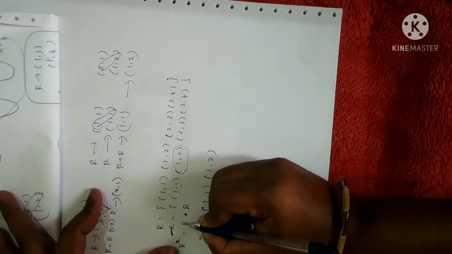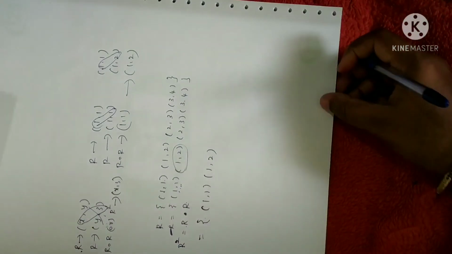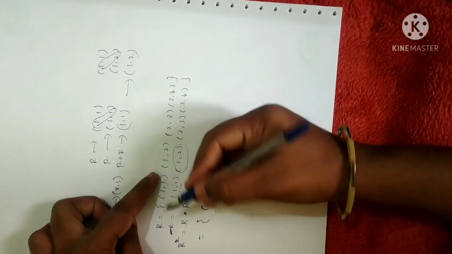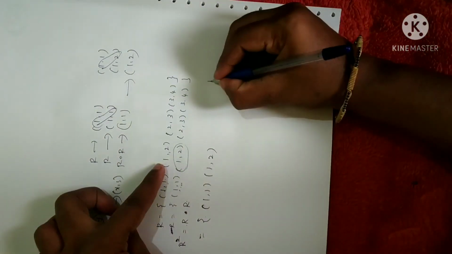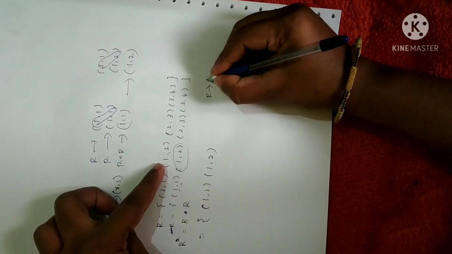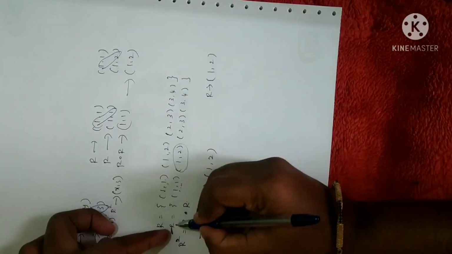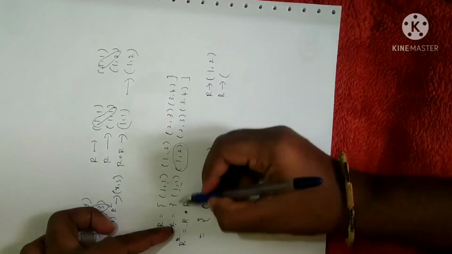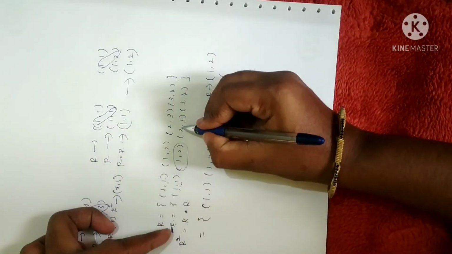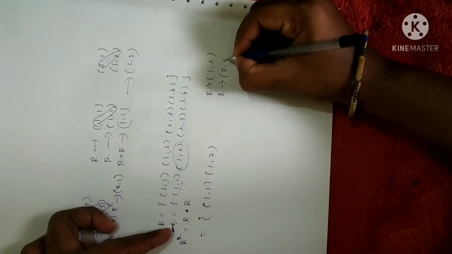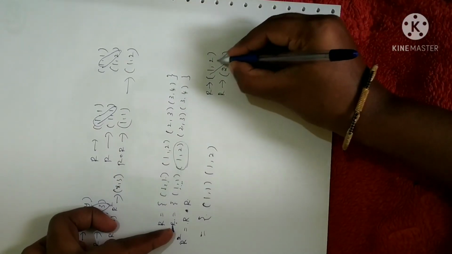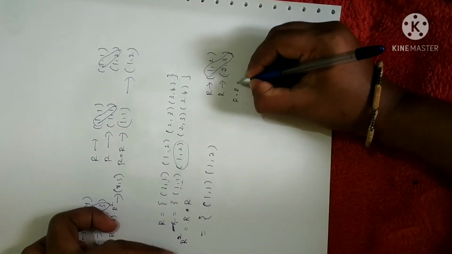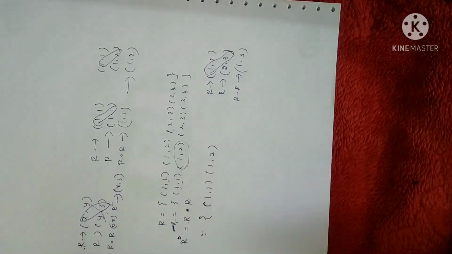R square is none other than R composition R. I have already taken the first element, so let me take the second element in R, which is 1 comma 2. Again I am doing composition for the same set. So let me choose an element in R which continues from 2, that is 2, 3. So 1 comma 3 should be there in R composition R.